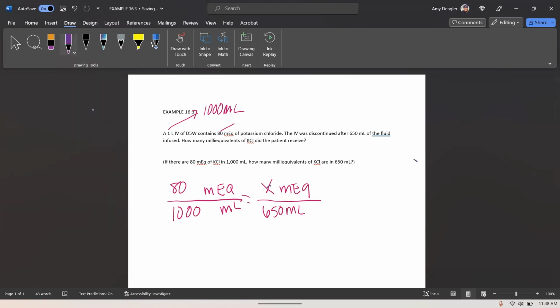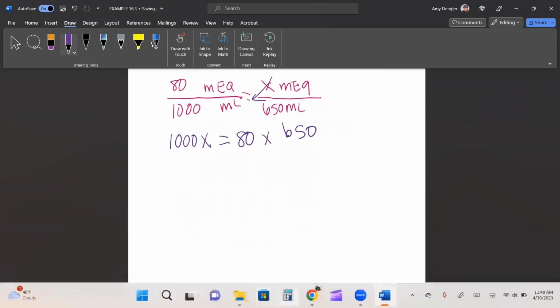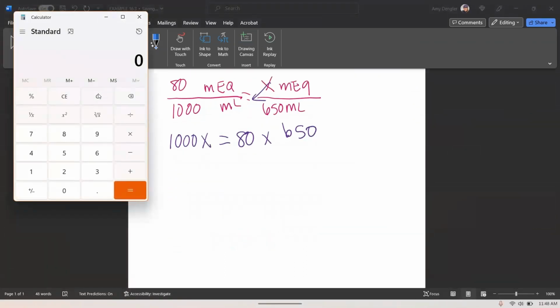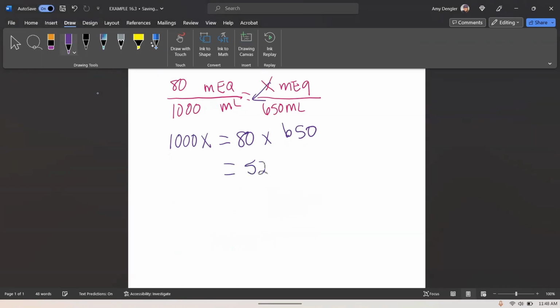And then we're just going to do 1,000x is equal to 80 times 650. So first we need to take care of that 80 times 650, which is 52,000.